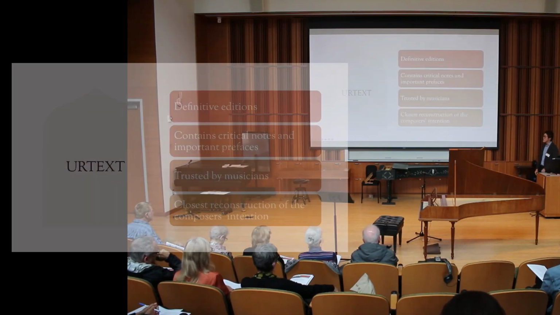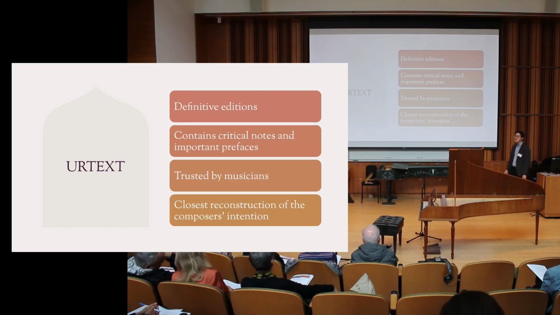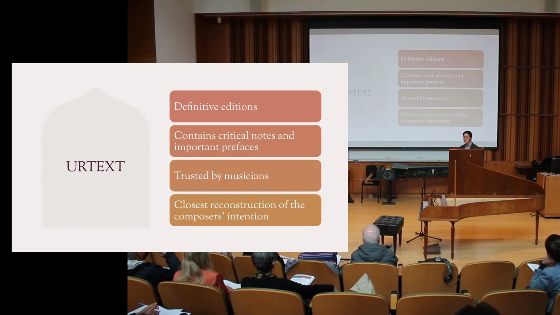So in this kind of situation, we turn to text editions. Text editions are a very important part of our life right now as performers, because they are considered definitive editions. They contain critical notes and an important preface. They went through extensive research by musicologists, and they are trusted by musicians, and they are the closest reconstruction of the composer's intention.